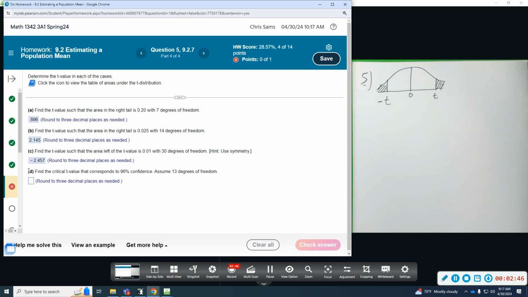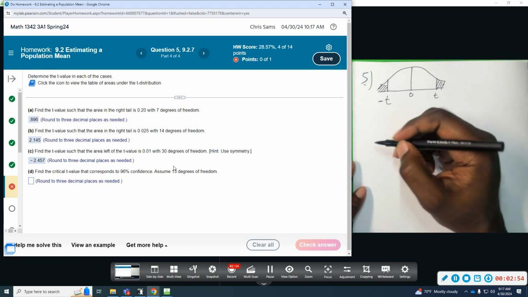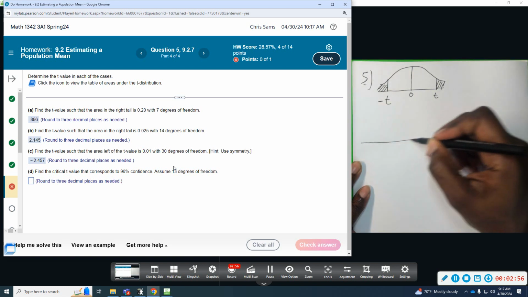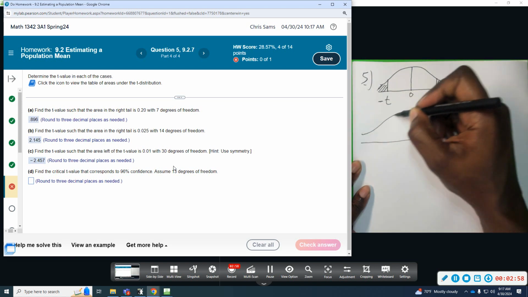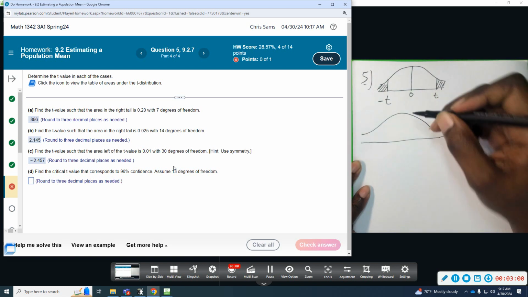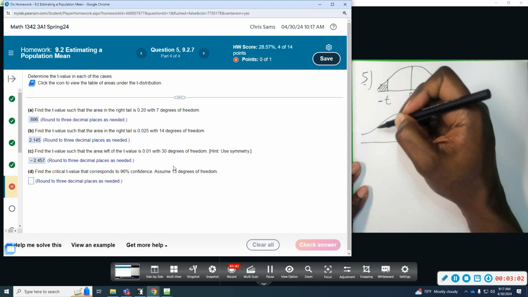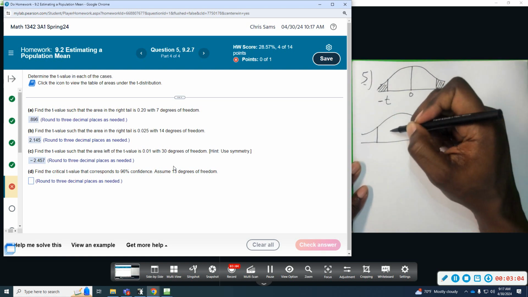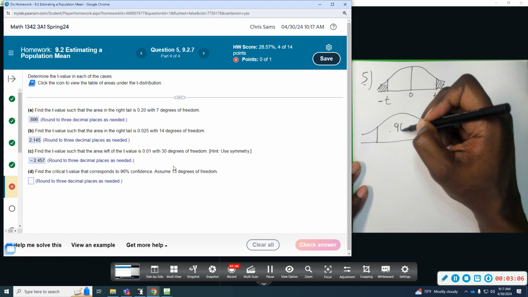And then find the critical value that corresponds to 96% confidence. Assume 13 degrees of freedom. Okay, so this one is saying the confidence is in the middle. It didn't tell me left or right, so it's saying that 96% is in the middle.